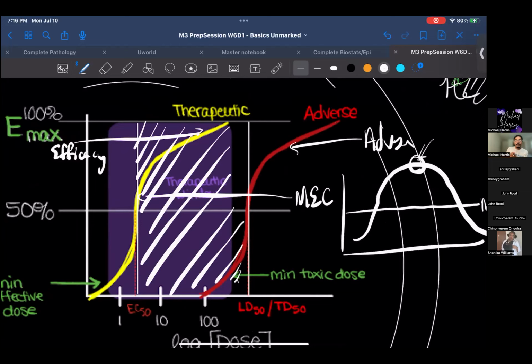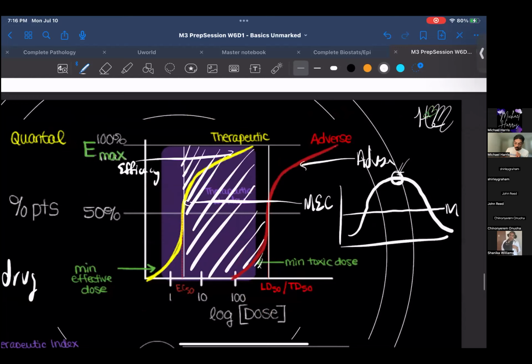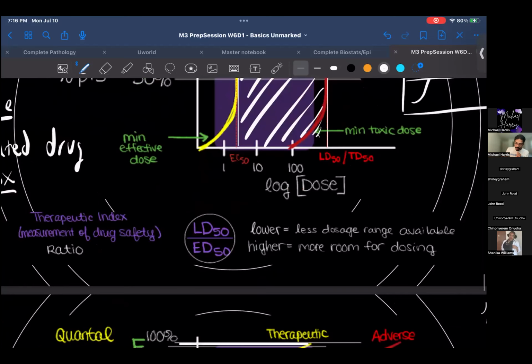What that 50% means is 50% of the patients or people that were given the drug had symptoms. That's what that means. Okay? 50% of the people who were given the drug had improvement of symptoms. Okay? So that's where this here comes into play.